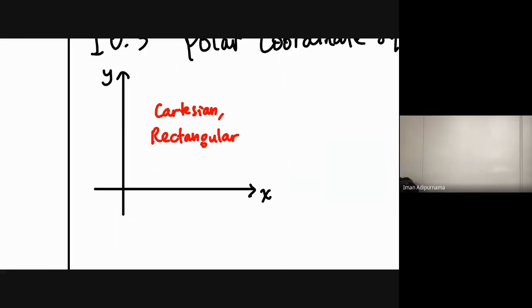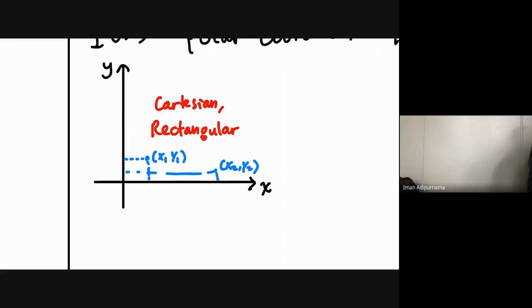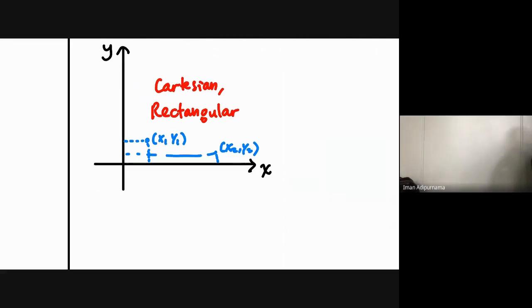Because we can make a coordinate like a rectangle, right? So maybe if I make a point here, let's say this is x1, y1, or maybe a point here, x2, y2. If we are looking at the paper, or maybe you can imagine a paper with grid. Grid is like this.